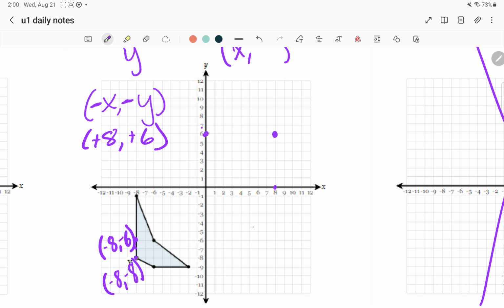Okay, so my final answer in Delta Math would be 8, 6. And my shape would look something like this.